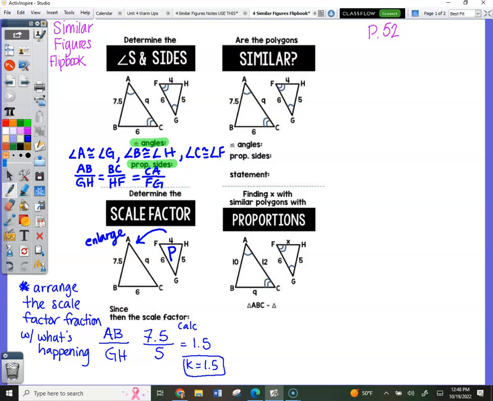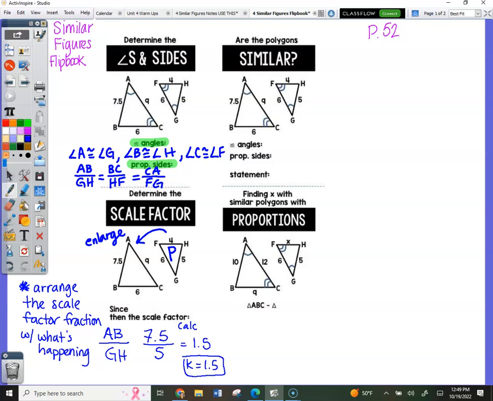Look at the next one. Are these polygons similar? So let's refresh. Here, I gave them to you and I said either find the angles or find the proportional sides. We talked about how these are the similarity statements. Here, find the scale factor.